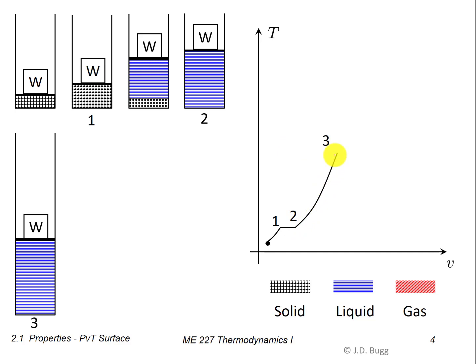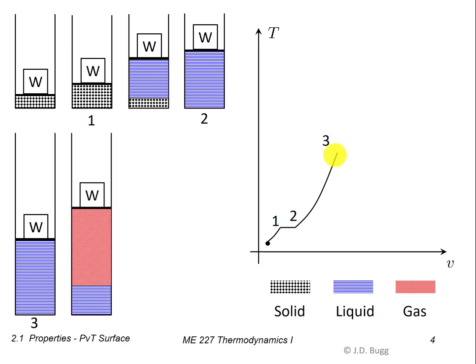And of course that's going to continue until we get to the boiling point. So once we pass the boiling point, again we have a two-phase mixture. We have liquid and vapor together in the container, and again there's going to be a flat part in this line of constant pressure. So this temperature is the boiling point of this substance at this particular pressure.